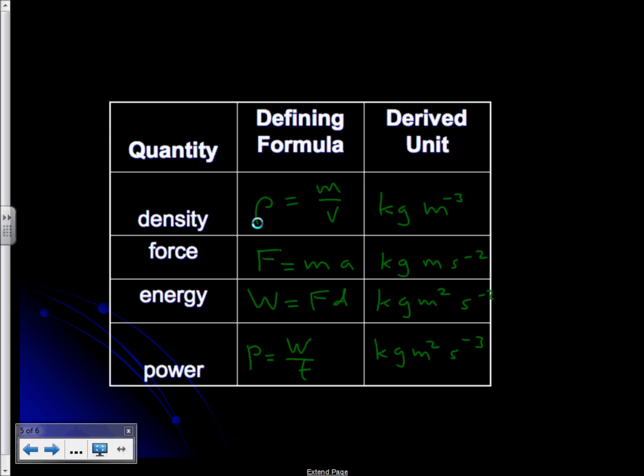Now, in some of these cases, we don't leave it there. That's the derived units expressed in terms of base units. But because some of those are pretty much a bit of a painful mouthful there, we don't leave it like that. We give it a new name. For power, we represent that with capital W standing for the watt. Energy, capital J standing for the joule.